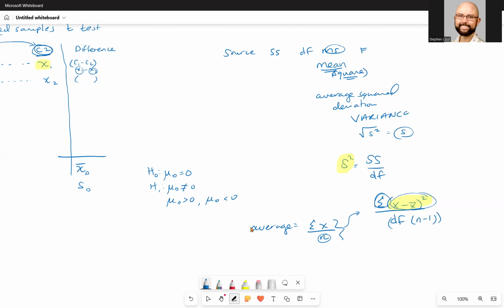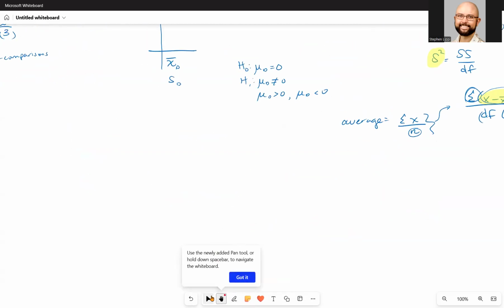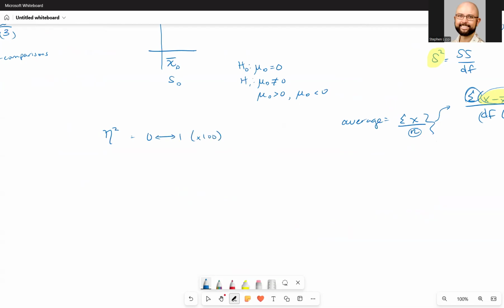Another person had a question on how to interpret eta squared in terms of effect size. Generally speaking, eta squared is a value that ranges between 0 and 1. And then we multiply that by 100 to give us a percentage. The way that we interpret this is we can say that whatever our value for eta squared is, multiplied by 100, gives a percent.